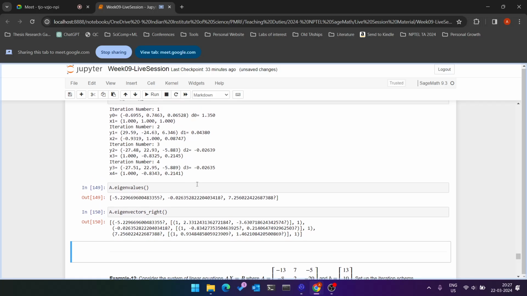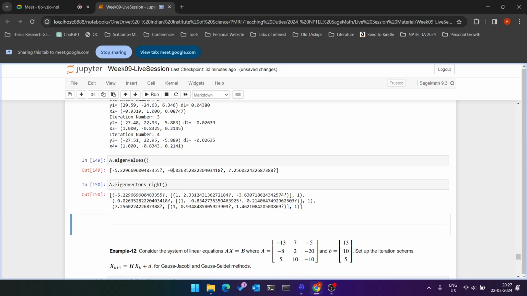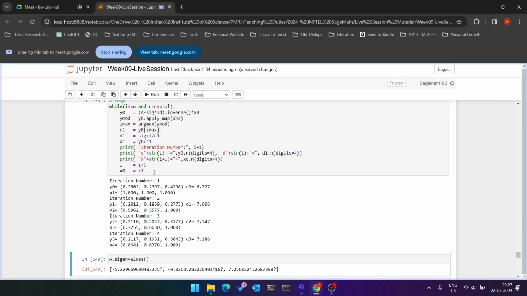Okay, and it works only because our initial guess sigma equal to 0.01 is much closer to this value than the other two. Suppose if I take something like 4, I doubt if it would work.